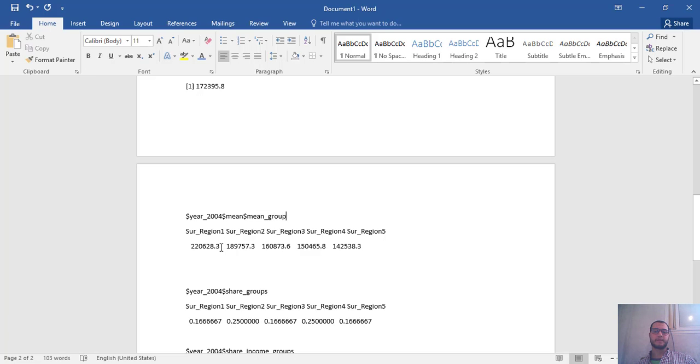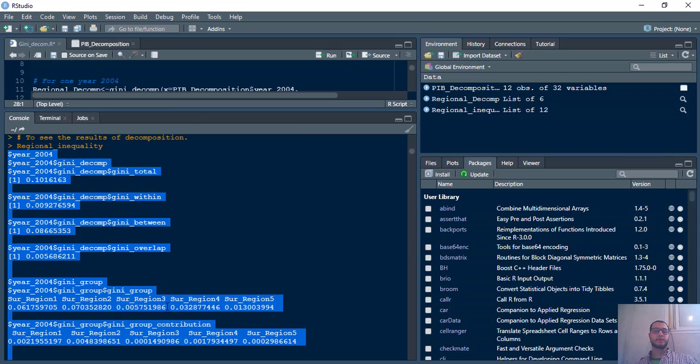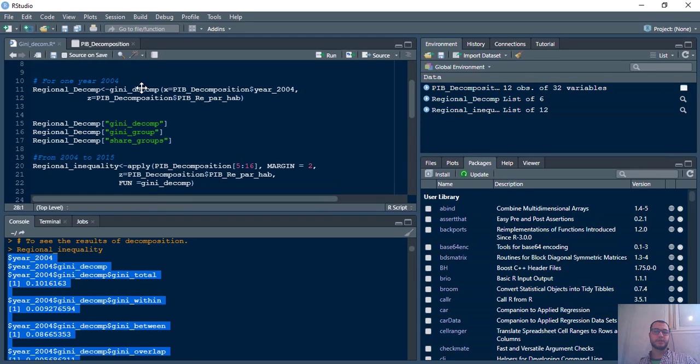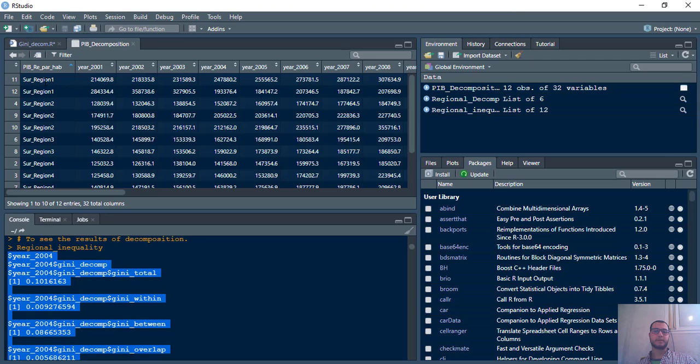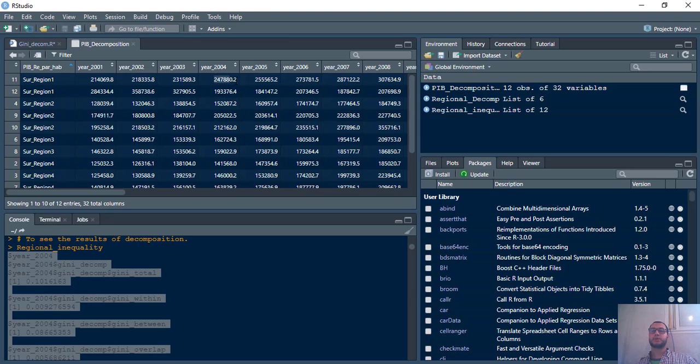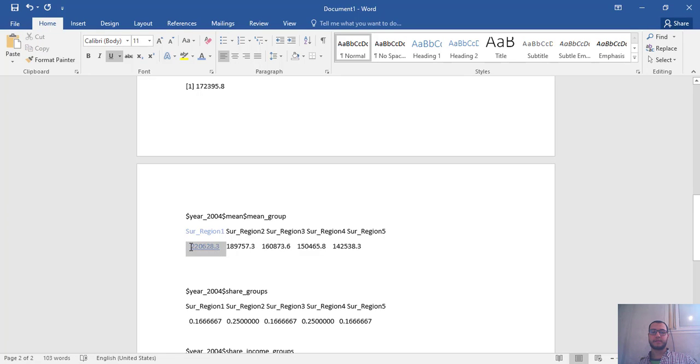of each region. So for this region 1, if we add the GDP of sub-region 1 plus sub-region 2, we will get this number.